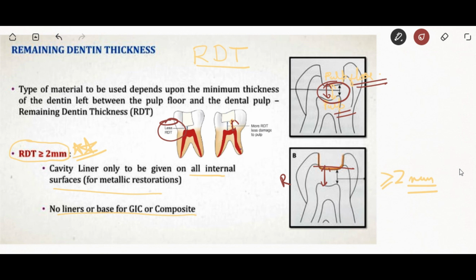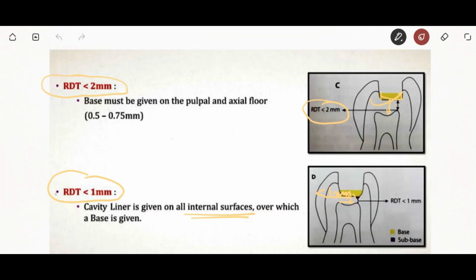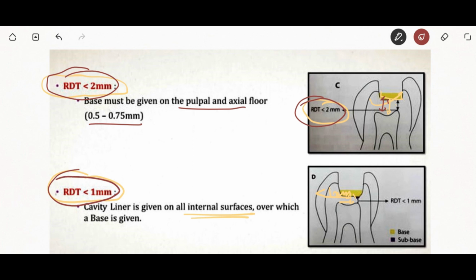If the remaining dentine thickness is less than 2 mm, the base must be given on the pulpal and the axial floor. And if remaining dentine thickness is less than 1 mm, cavity liner is given on all internal surfaces over which a base is given.